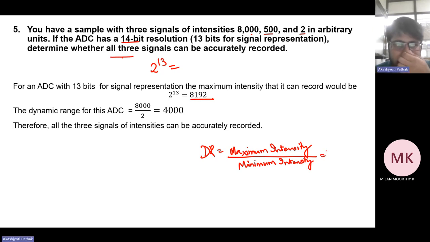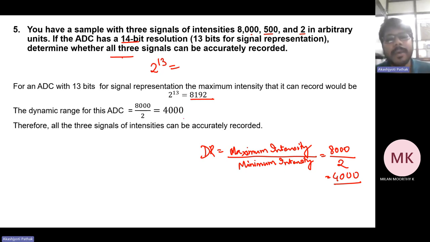So the maximum intensity given in the question is 8000 and the minimum intensity is 2. So that is 4000. 4000 is the dynamic range. So therefore, all these signals can be accurately recorded, right?